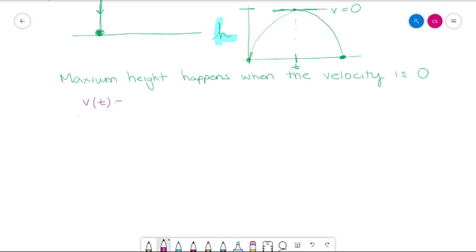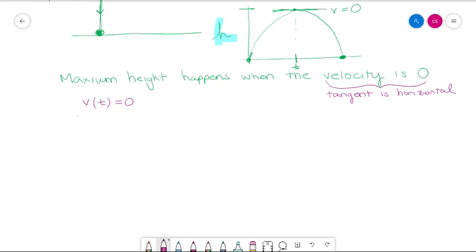Okay, so our first job is we have to figure out when the velocity is 0. Okay, and let me change this to make it general to all problems. So velocity is 0. Also, maximums happen when the tangent line is horizontal, which is essentially saying the same thing, right? That means the slope is 0, the velocity is 0.